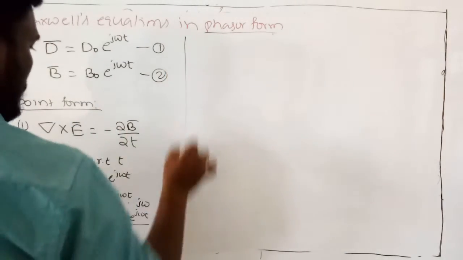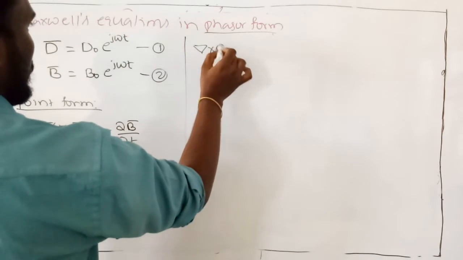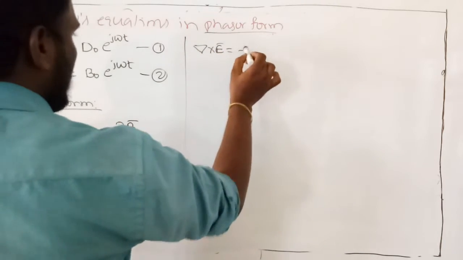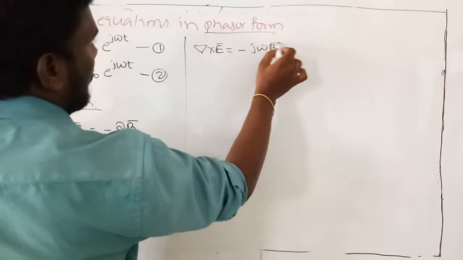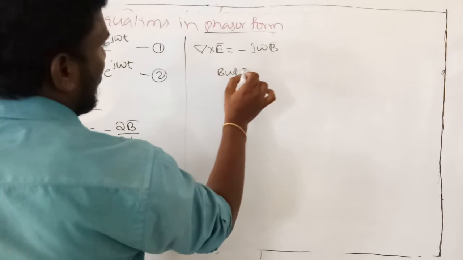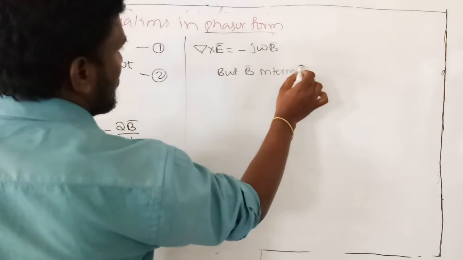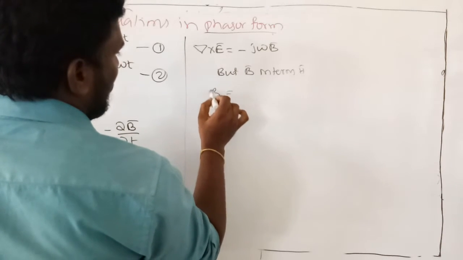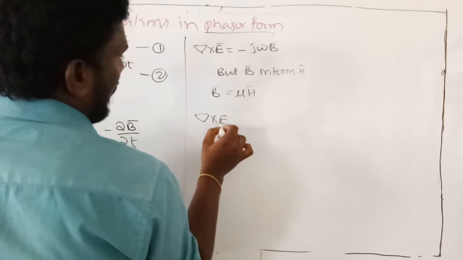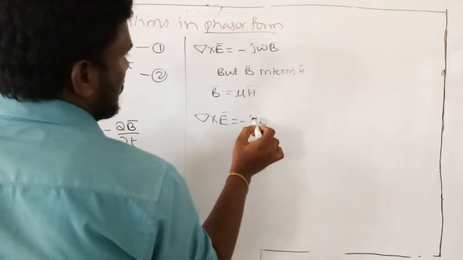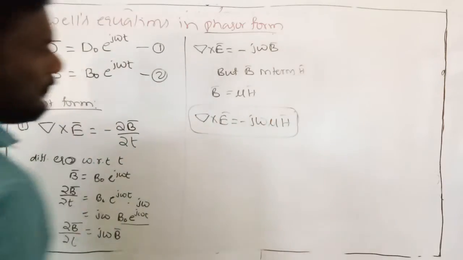So here I am substituting in the equation del cross E bar is equal to minus dou B bar by dou t, it is j omega B bar, but what is B bar in terms of H? B bar is equal to mu into H bar. So del cross E bar is equal to minus j omega mu H bar. This is the representation of phasor form.